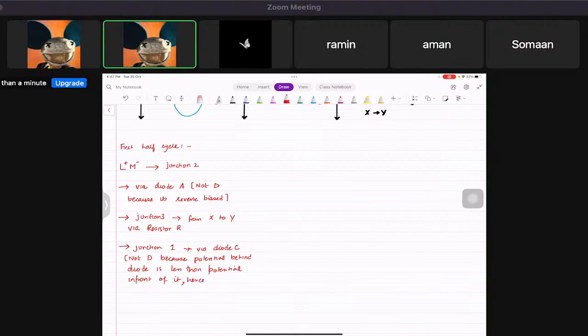Hence, it acts as reverse biased, like that. Okay, and then it goes to junction 4, and from junction 4 back to terminal M that is negative. Do you guys understand this path? You can look at the drawing and you will be able to trace the line that way.